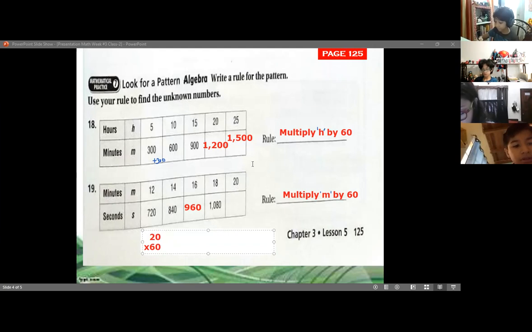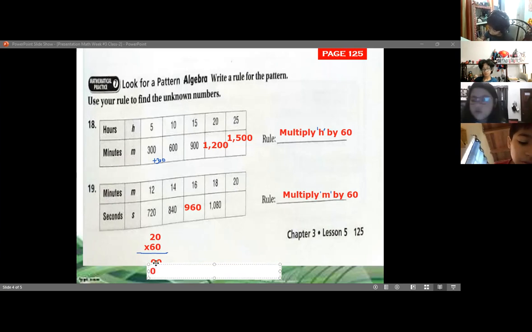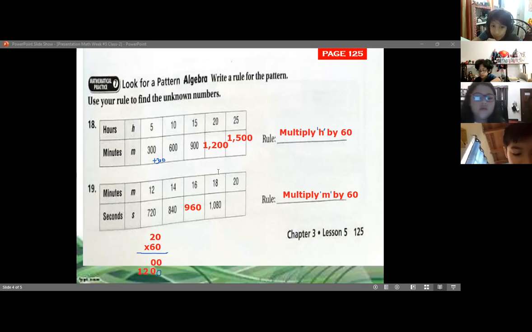So you multiply 0 times 20 is 0, right? You have all the zeros there. Now you put the 0 down and you multiply 6 times 0. What is the answer of 6 times 0? 0. And 6 times 2? 12. So we have 1,200 plus zeros.